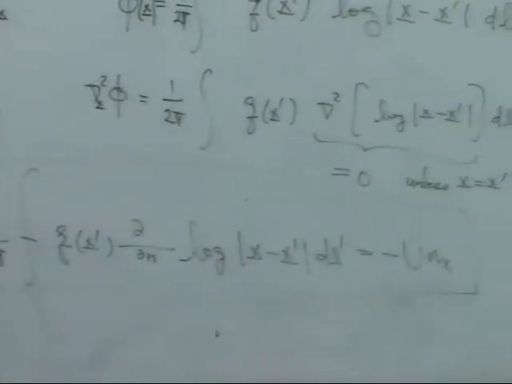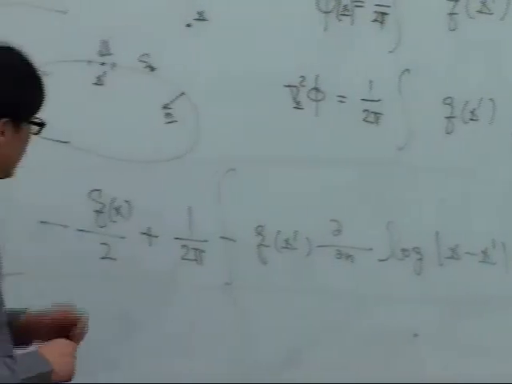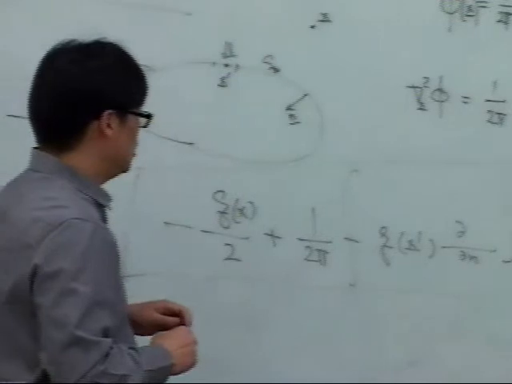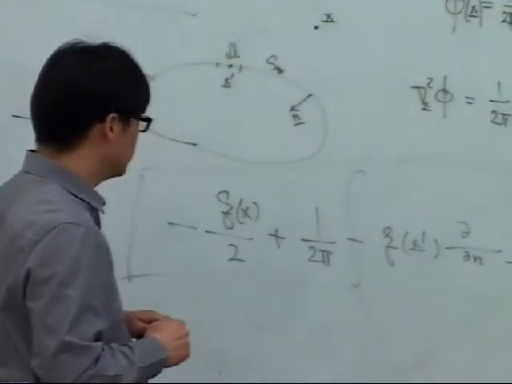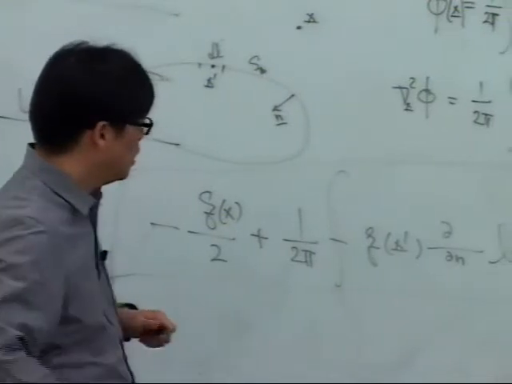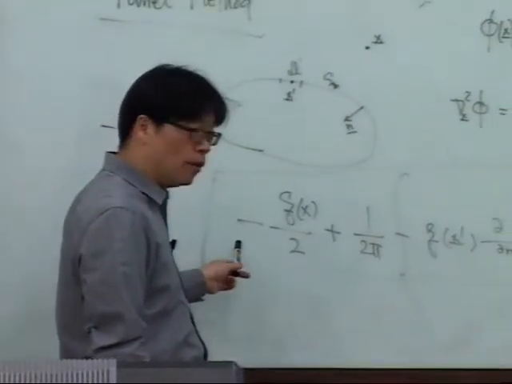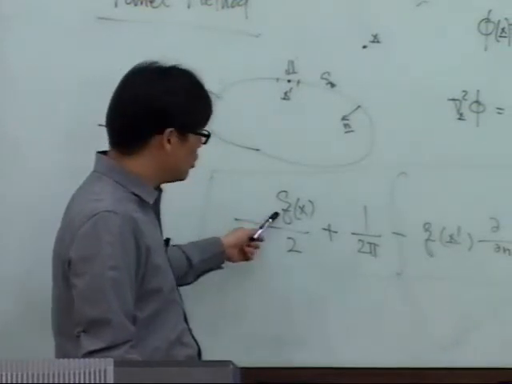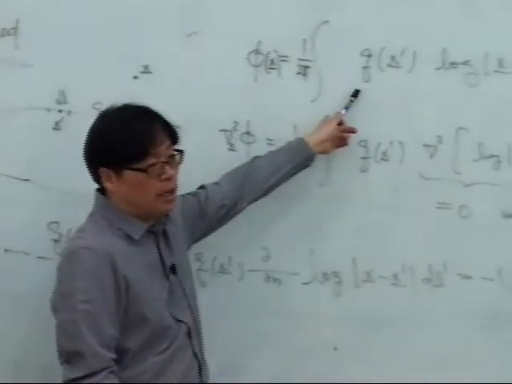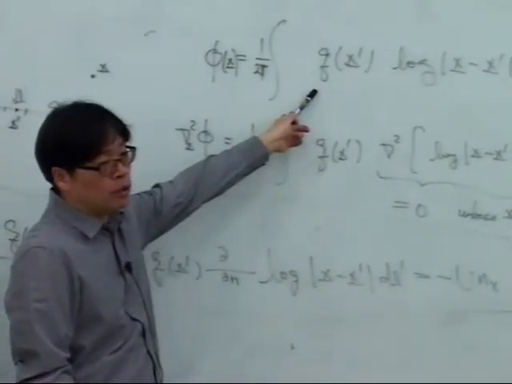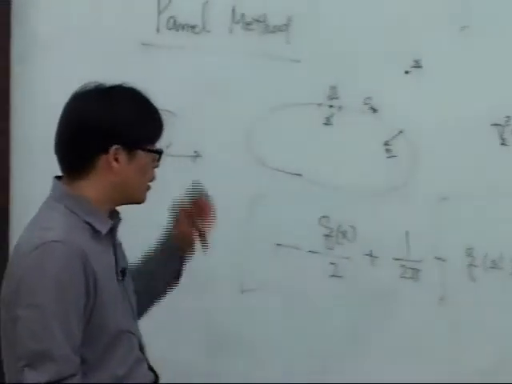Okay? So this is the equation that you have to solve for Q. Once you know Q, then you know the velocity potential everywhere. From here, then you can compute the pressure and velocity and everything.